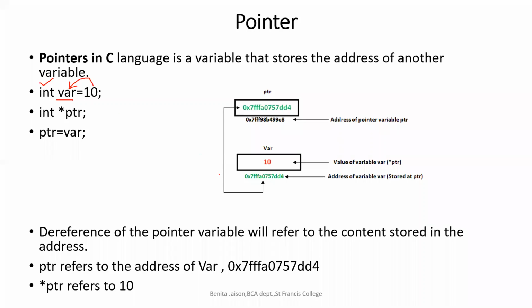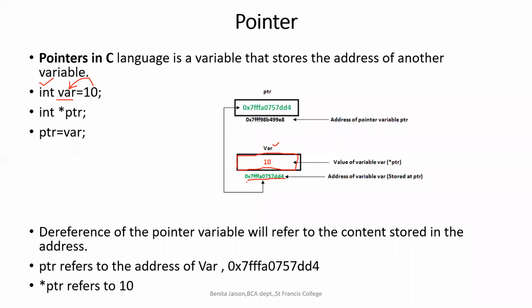So what will happen in memory? When we declare a variable, a location will be reserved for the variable called VAR and it will be labeled as VAR. What is the address of this variable, which we never used to see?